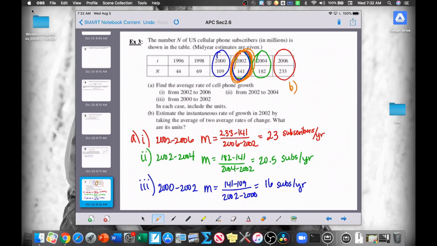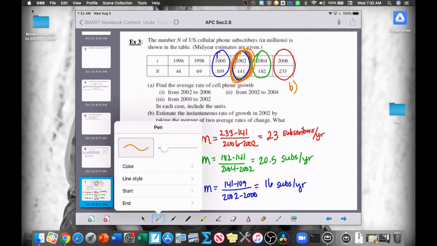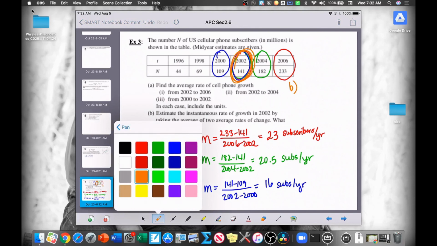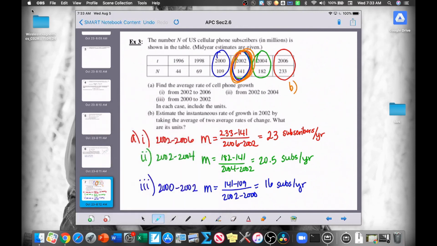But again, since we don't have a formula, the best thing that we can do is work with the information that we have. So it makes sense in this case that we would average together the 2 slopes that are closest to 2002, which would be the slope from 2000 to 2002, that was number 3, and the slope from 2002 to 2004, that was number 2.